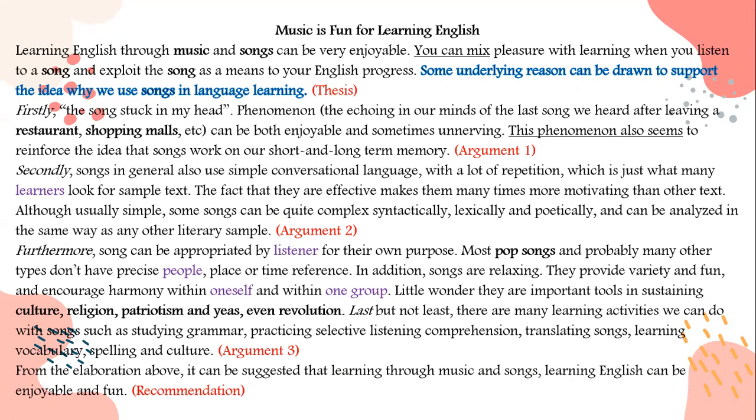Right. Let's analyze the example of hortatory text. The first paragraph is about thesis, learning English through music until some underlying reasons can be drawn to support the idea why we use songs in language learning.